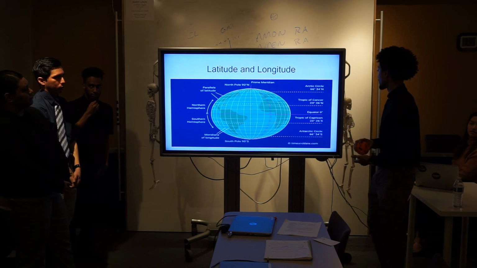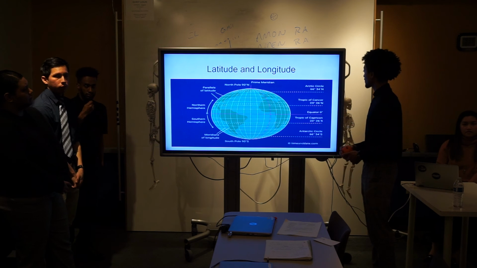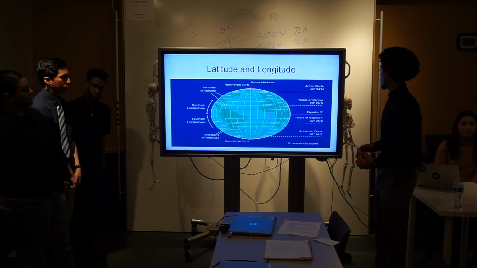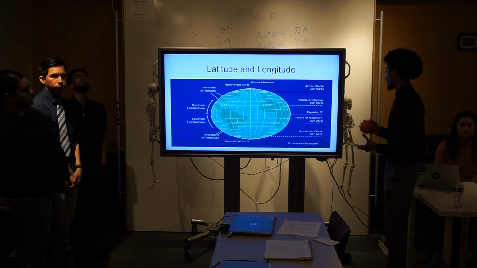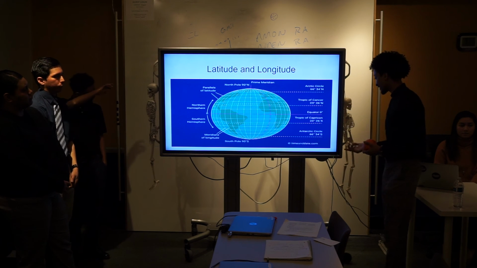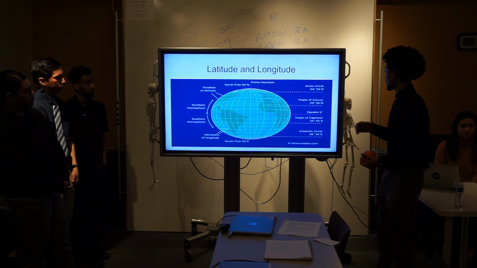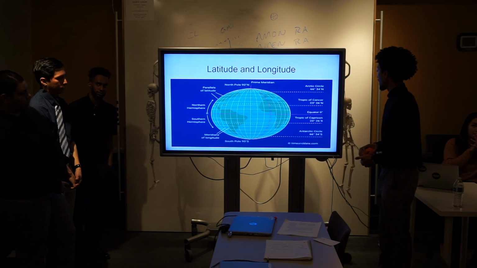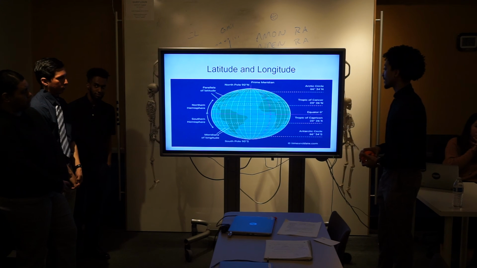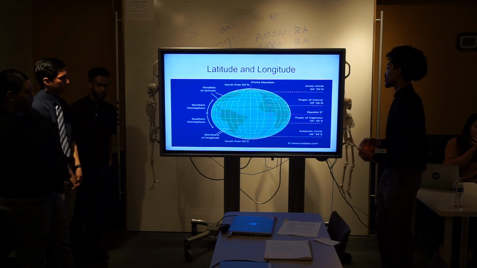Another one is the Arctic Circle, which is 66 and a half degrees north, and the other one is the Antarctic Circle, which lies at 66 and a half degrees south.